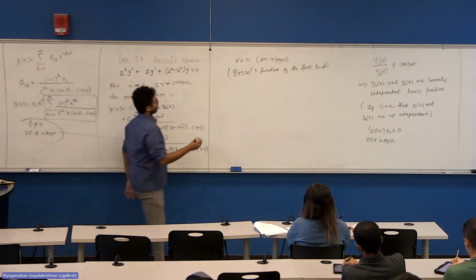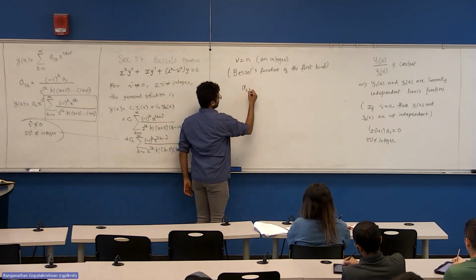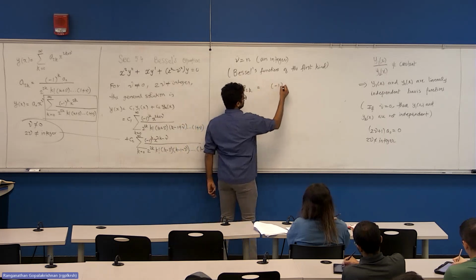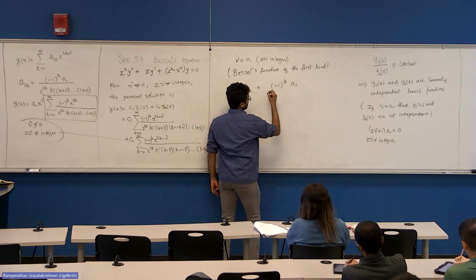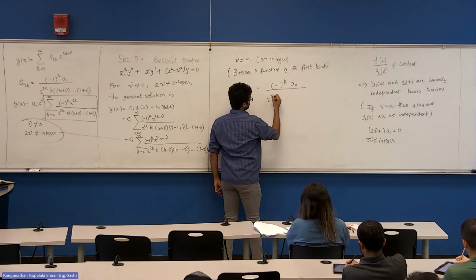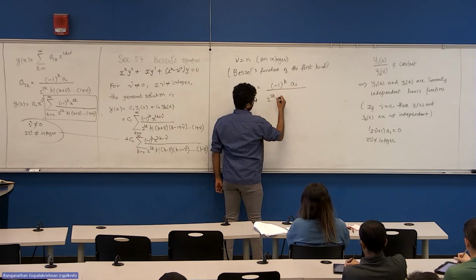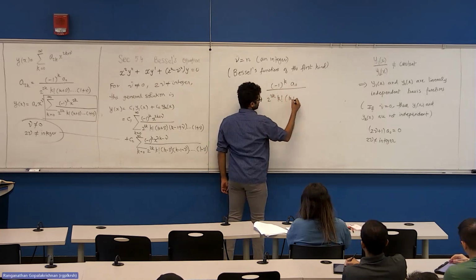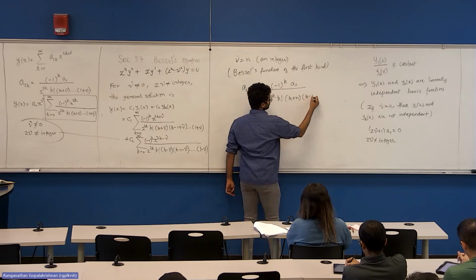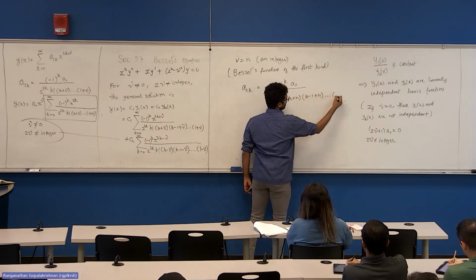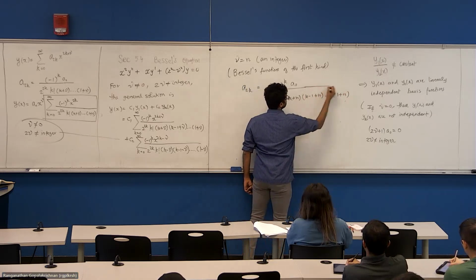a_2k is equal to (minus 1) power k a naught over 2 power 2k k factorial (k plus n)(k minus 1 plus n) and so on up to (1 plus n).